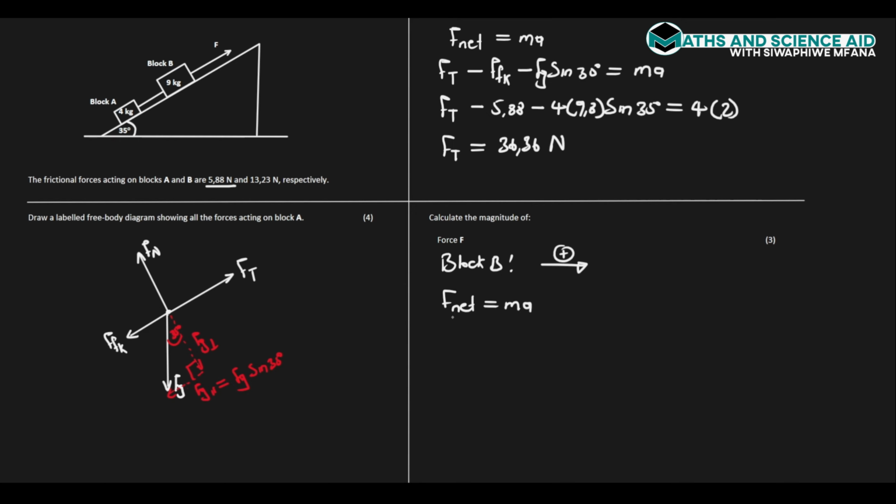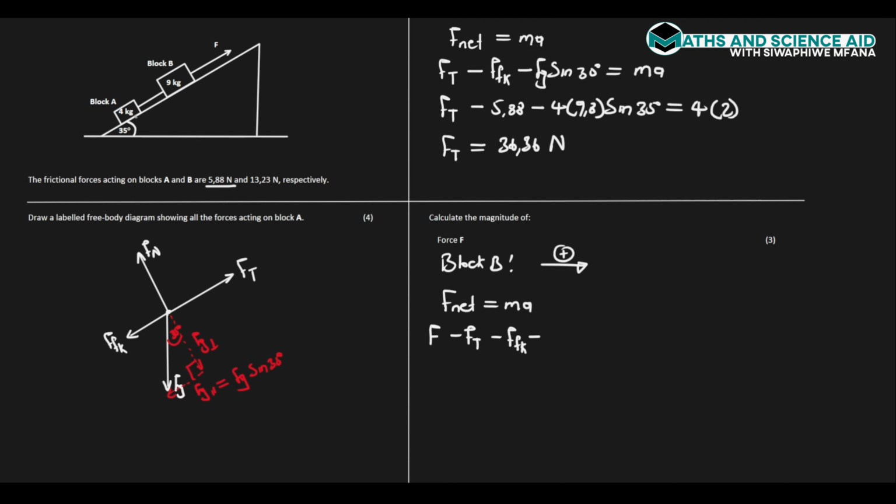But now let's consider the forces that are going to contribute to the net force of block B. First of all, it's this applied force that we are trying to calculate. Other than that, all the rest of the forces are acting in the opposite direction. First, it's the tension force, which is due to the string. And then there's also a frictional force, to be more specific, kinetic friction.